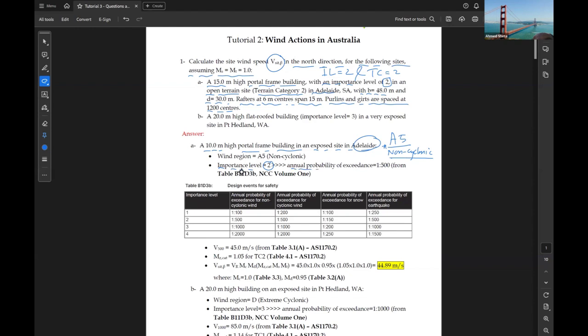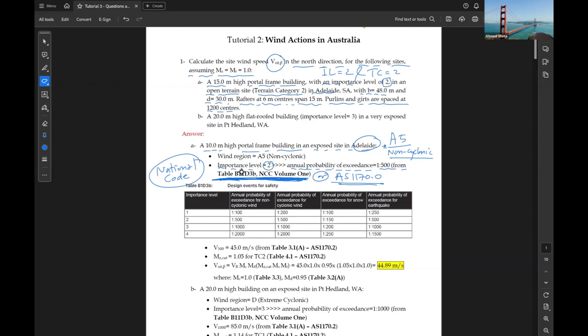The annual probability of exceedance is 1 to 500 from this table in NCC Volume 1 or from AS 1170.0. So there is another standard that also gives us the importance level, which is the National Construction Code Volume 1. So you can find this one or the other one I have used.